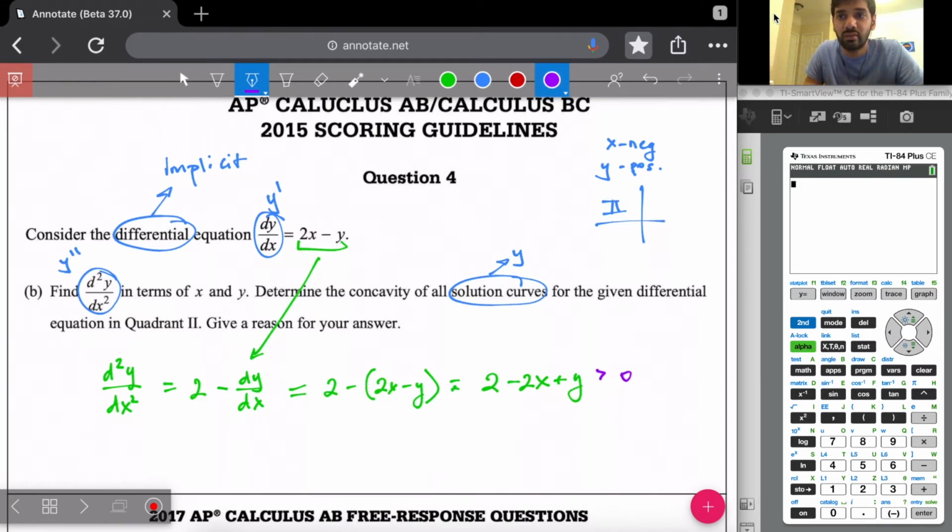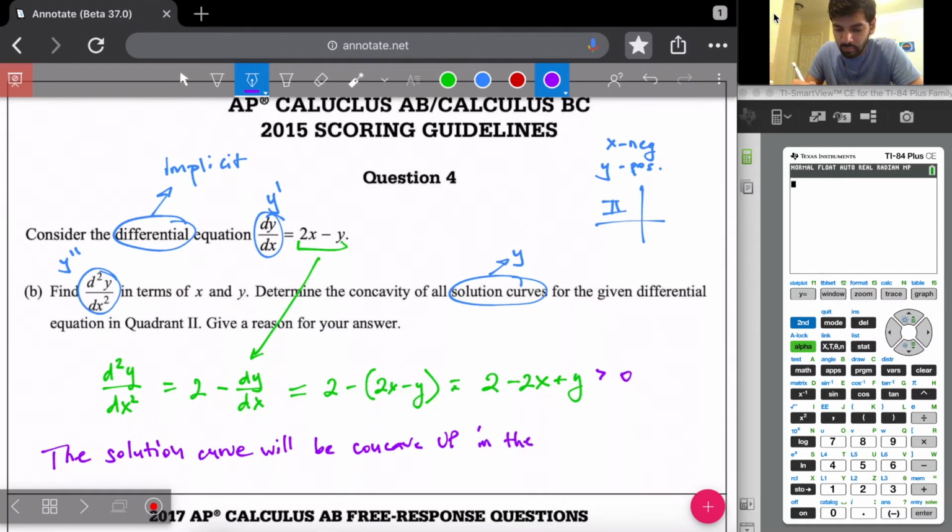And remember, this is the second derivative. If I have the second derivative always being positive in the second quadrant, then that means I can say the solution curve will be, since we have a second derivative positive, concave up in the second quadrant.